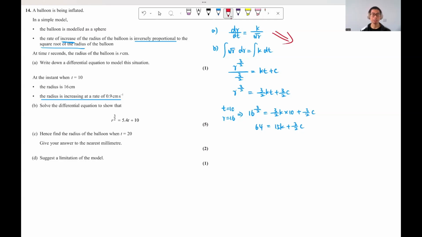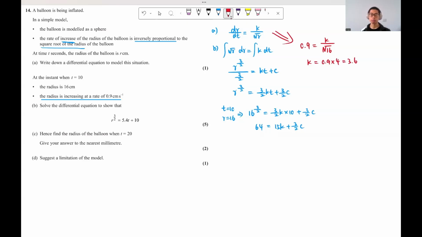So it says when t equal to 10, radius is 16. And then the rate of increasing of radius is 0.9. So we can just let dr over dt to be 0.9. And then radius is 16. So just 0.9 equal to k over root 16. So then k has to be 0.9 times by root 16, which is 4. So that would be 3.6.